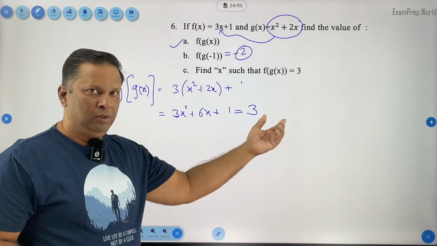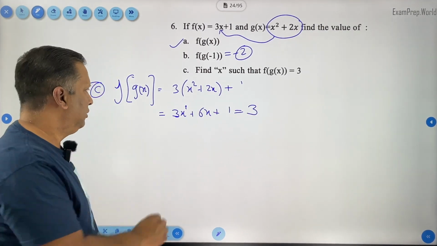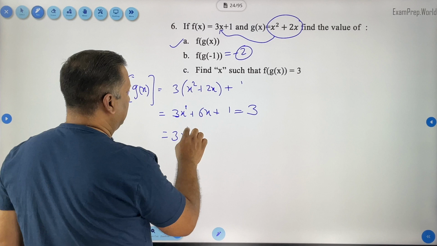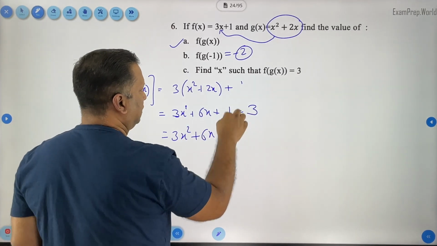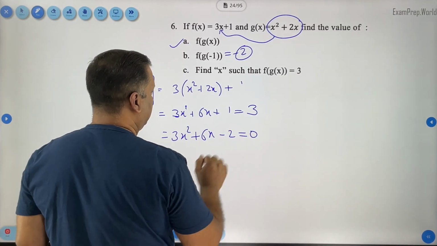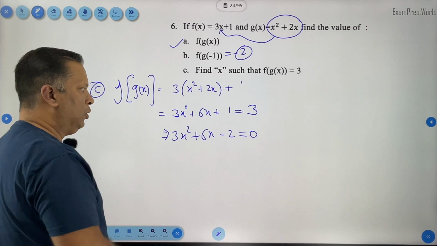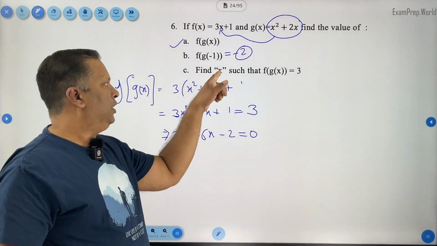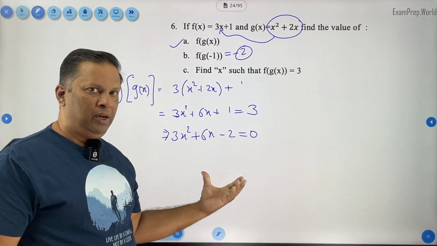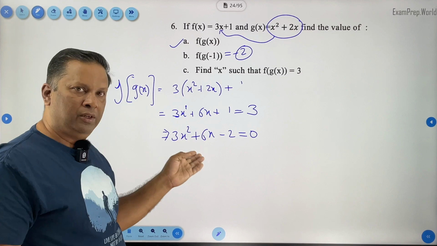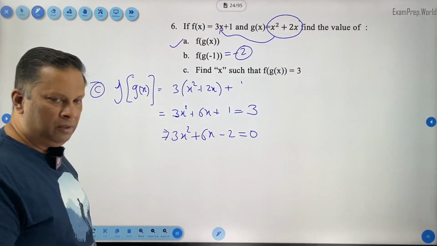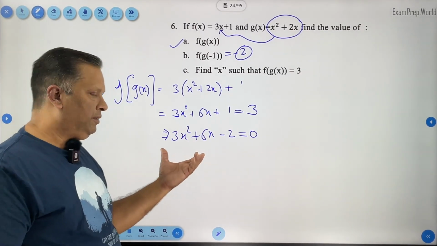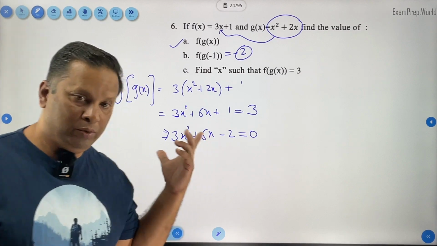What should we do? Yes, it is quadratic, bring it over here. 3x square plus 6x minus 2 equal to 0. Now we have a quadratic equation. They are asking you to find the value of x. You will definitely get two values of x because it's quadratic. How will you solve? You will use the quadratic equation to solve. Okay, let me use that calculator.